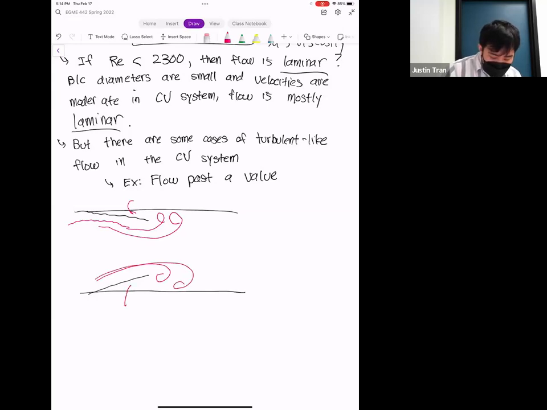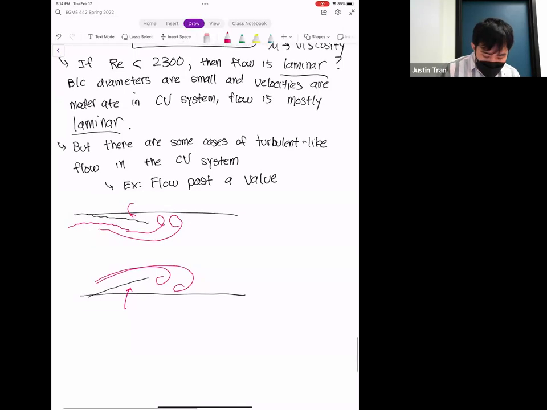Because the blood has to speed up to get through this smaller orifice, but then as it speeds up, right after it gets past the valve, it has a dead zone behind it. So that sucks blood back in. And so you have these, what we call recirculation zones.